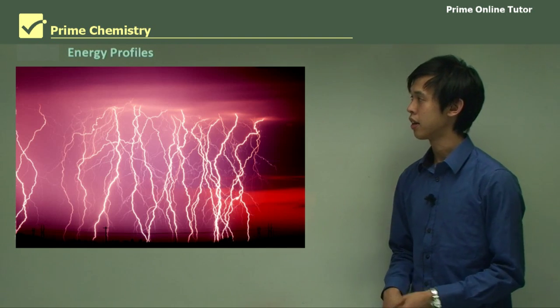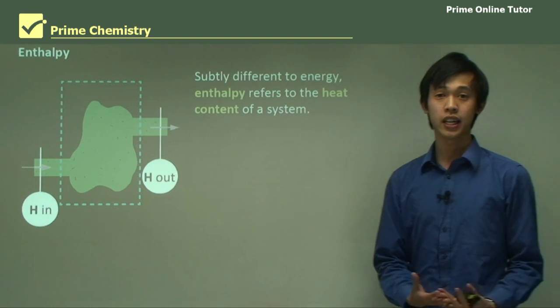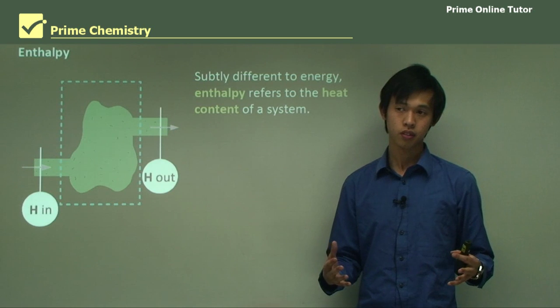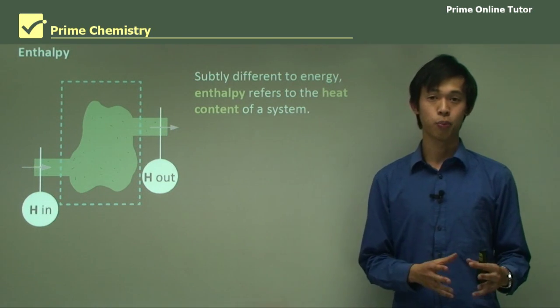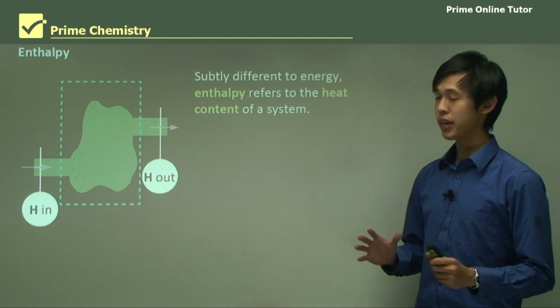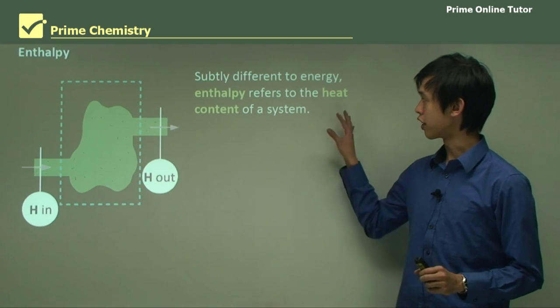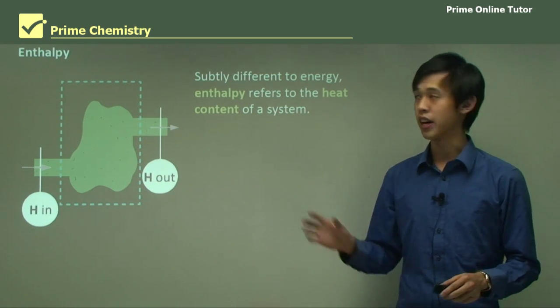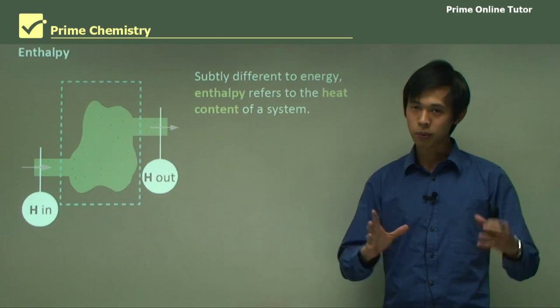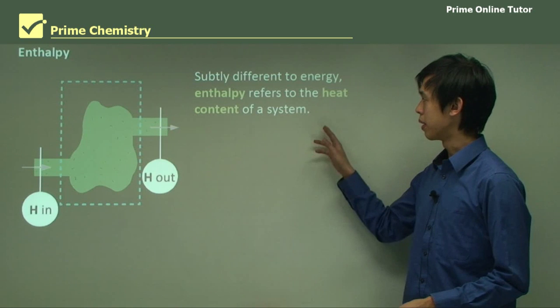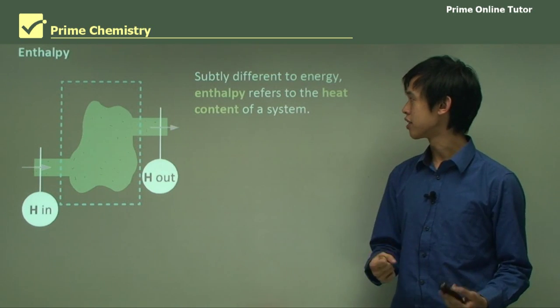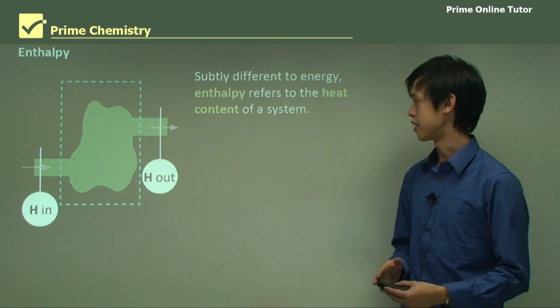Before we study anything to do with chemical reactions and energy, we need to study a concept called enthalpy. Enthalpy is a very subtly different property to energy. A lot of people confuse these two things because they do sound alike, but enthalpy refers to the heat content of a system.